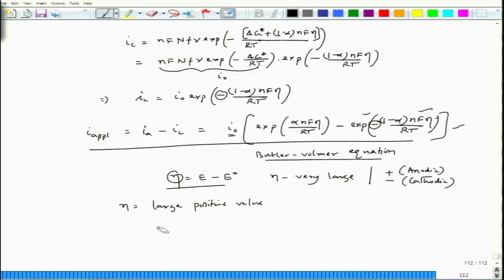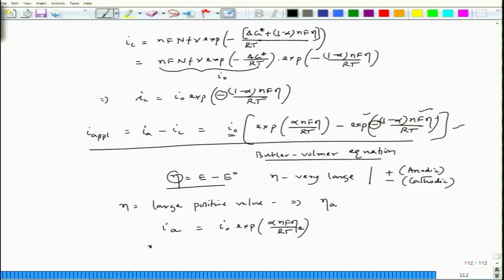So I applied is equal to I0 exponential alpha nF eta by RT, and since this I applied would also be equal to Ia, the anodic current density, because the other part can be ignored. That time we can term it as eta A.